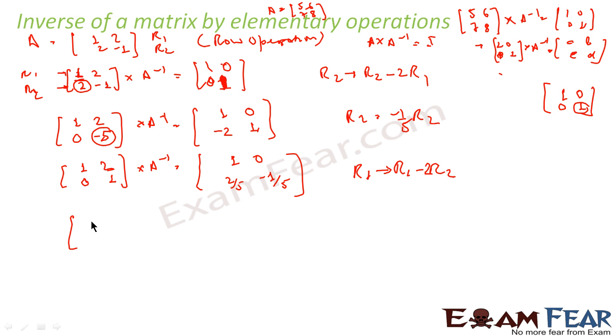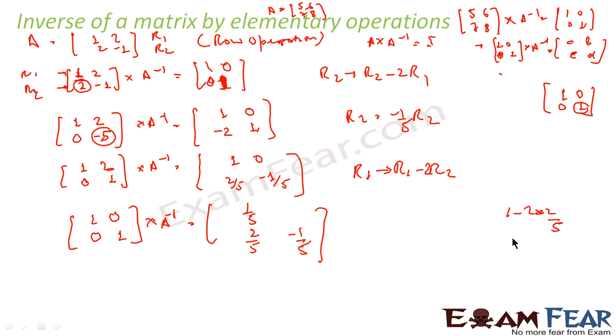So what I get is, let's suppose R2 is same, R1 becomes R1 minus 2 R2, 1 becomes 1 minus 2 into 0 is again 1, 2 becomes 2 minus 2 into 1, that is 2 minus 2, that is 0. Into A inverse becomes, this guy remains same, these guys will change. This guy is R1 minus 2 R2, that is 1 minus 2 into 2 by 5, that is 1 minus 4 by 5, that is 1 by 5.